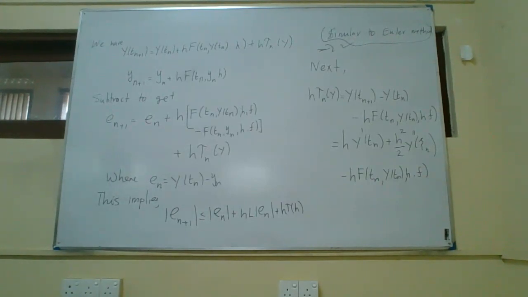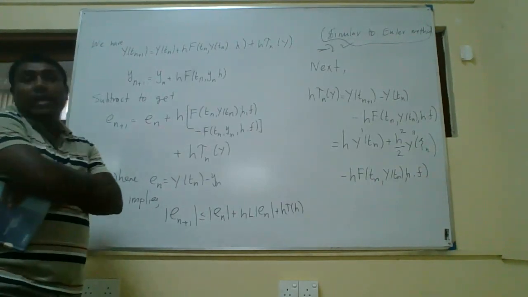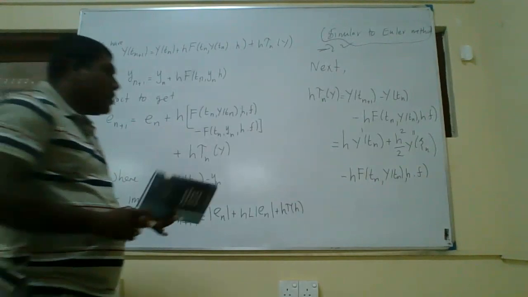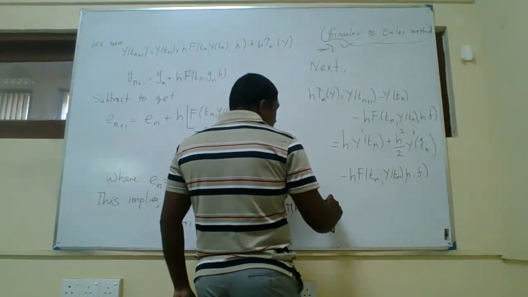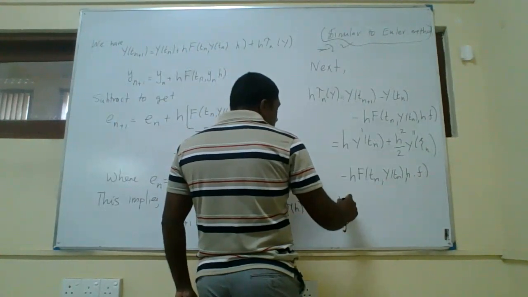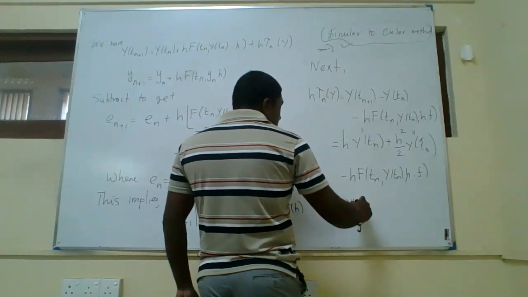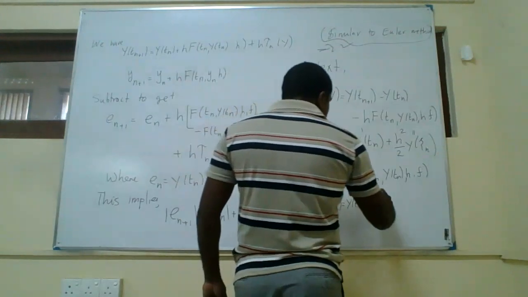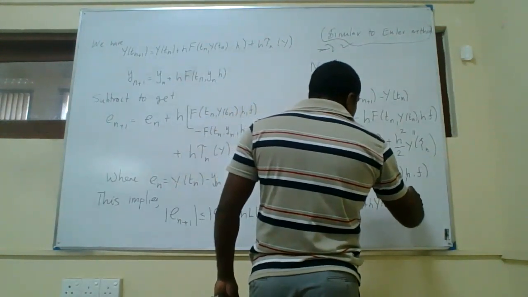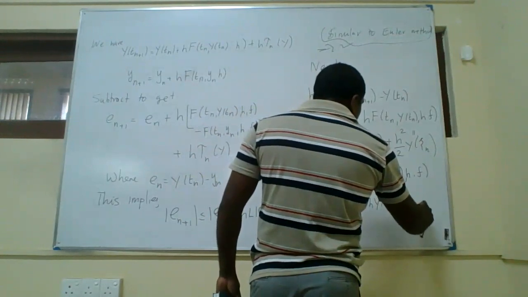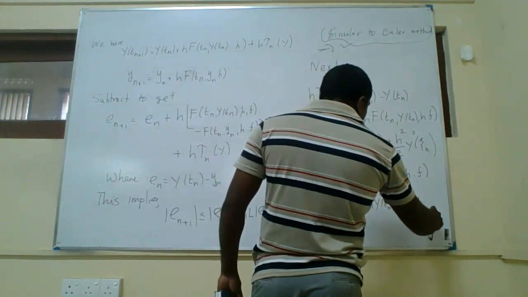But you can approximate the Taylor's expansion with the second derivative term, right? So this is what you do, right? So you know y of Tn plus 1 is basically y of Tn plus h times y prime of Tn plus h squared over 2 factorial times y double prime of psi n.